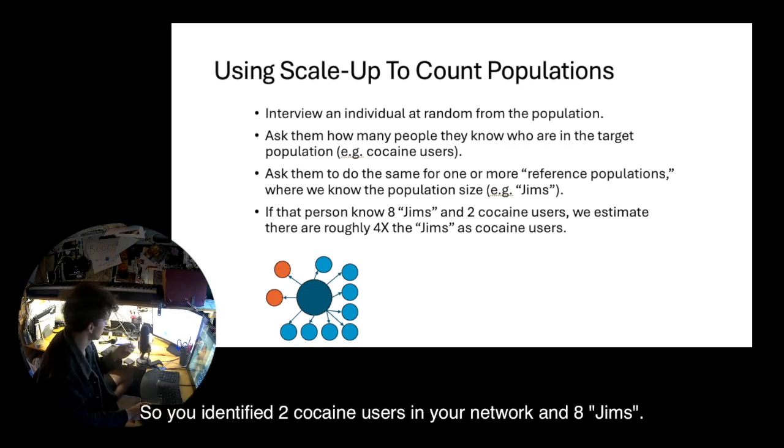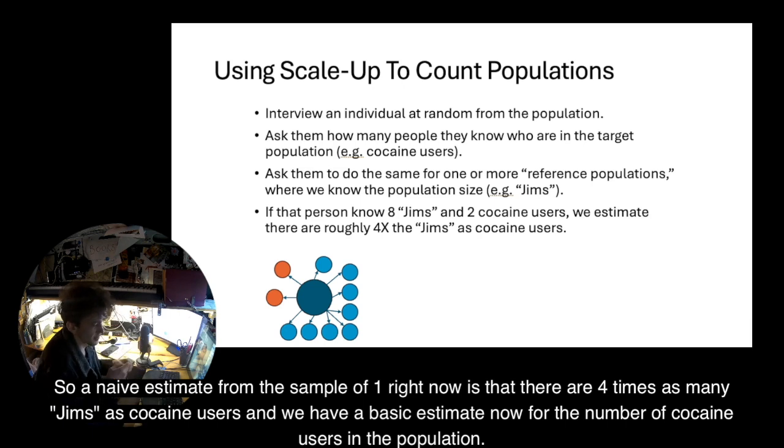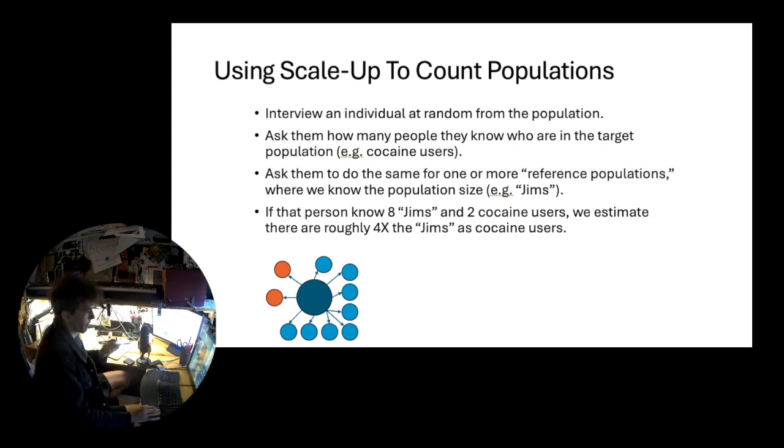So you identified 2 cocaine users in your network and 8 gyms. A naive estimate from this sample of 1 is that there are 4 times as many gyms as cocaine users, and we have a basic estimate now for the number of cocaine users in the population.